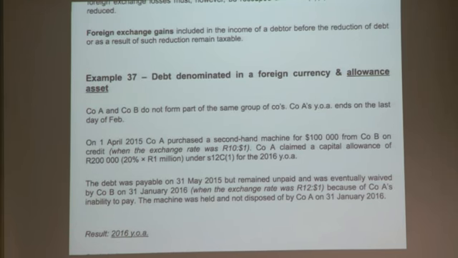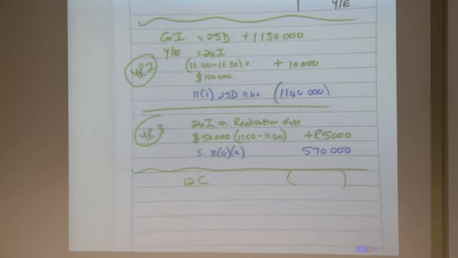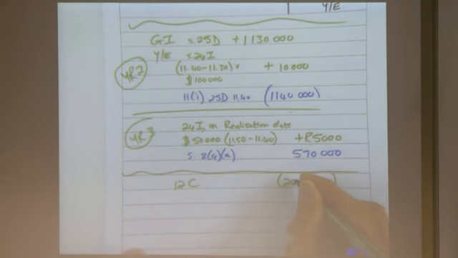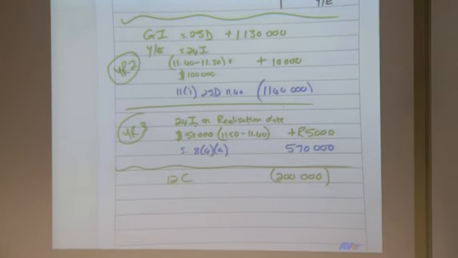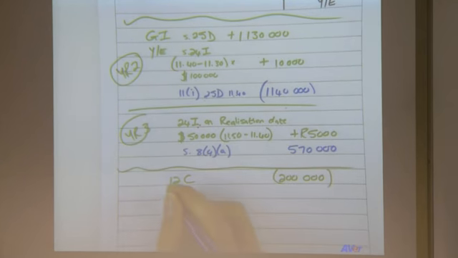Okay. So everybody is happy with your 12C deduction. They told you you've claimed 200,000. And now I have a debt write-off. What is my debt write-off? In rand. So which date do I use to get my debt write-off?